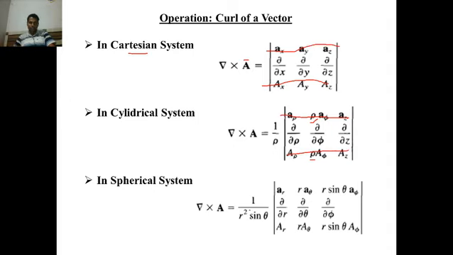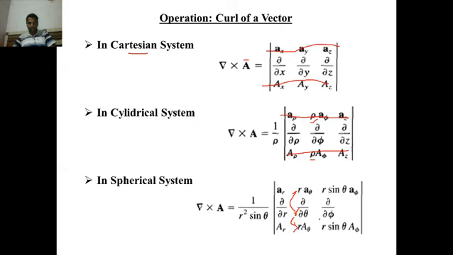Similarly, what are the three differential lengths of the spherical system? dr, r dtheta, r sin theta dphi. So what is missing here in the second row? R is missing in the second term, so this r is compensated here, and this r is again compensated in the third row.